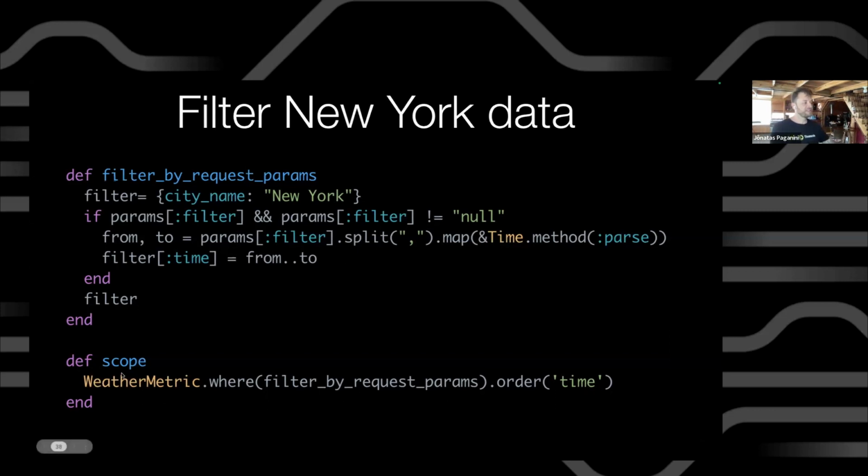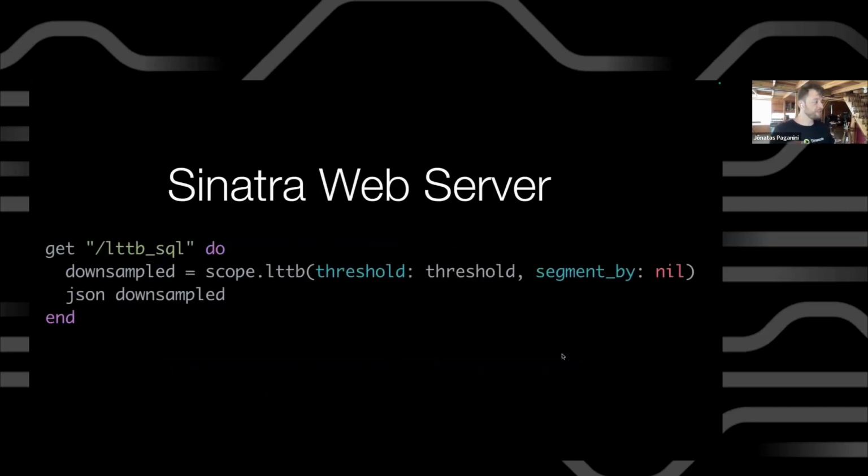And then here you can see the scope. The scope is just this weather metric dot where filter request by param. So you can see this is just like a hash clause. And then we have order by time. So this is a very simple thing. Then we have an endpoint that's LTTB SQL. So you can see here the scope LTTB, and then we have this threshold.